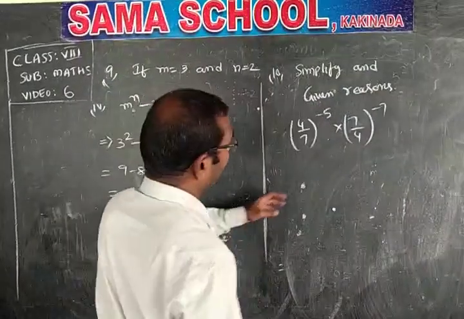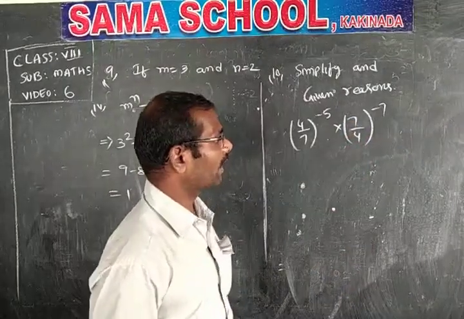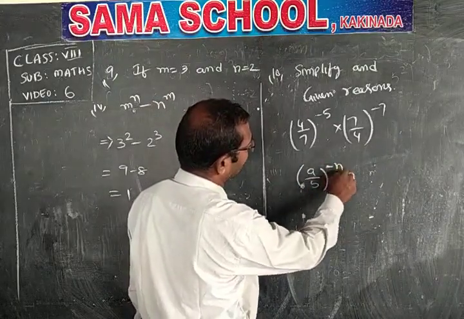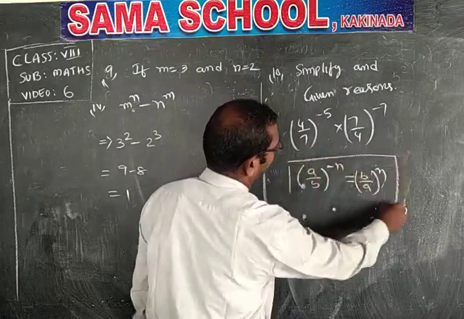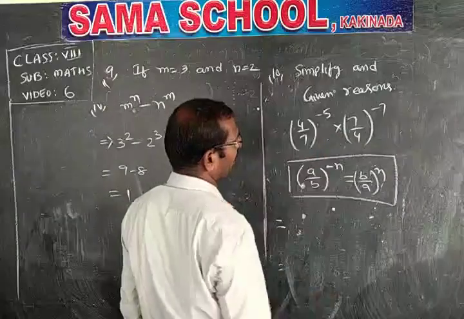Here, when you write negative power as positive power, as you already know, a by b whole power minus n you can write as b by a whole power n. So like that, you can change any one of them.